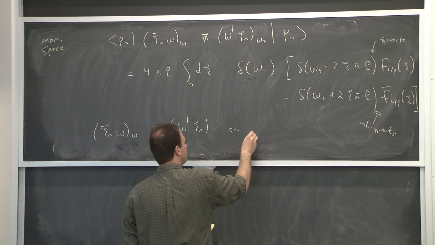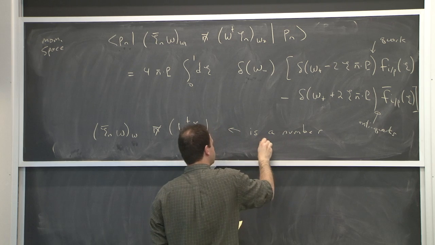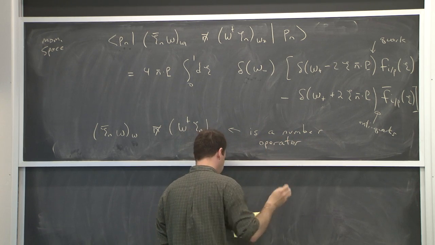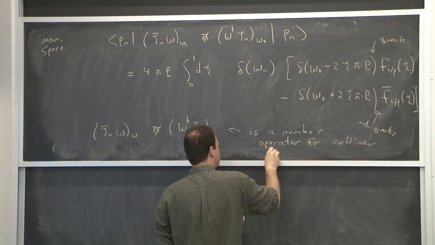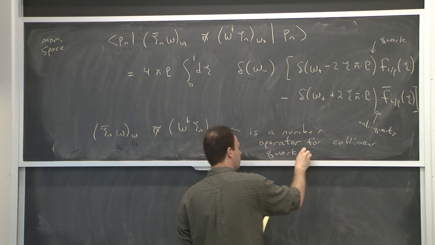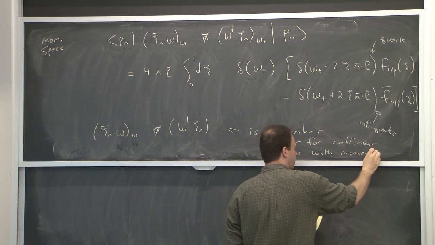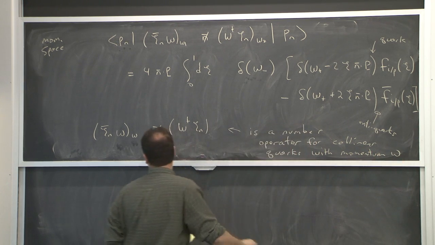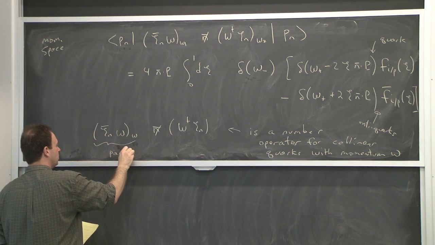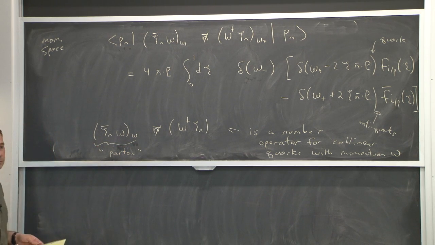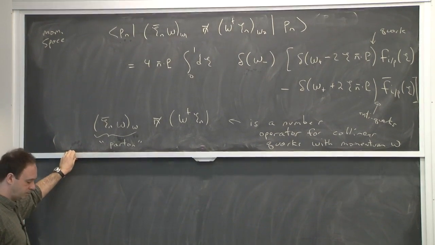This operator is like a number operator for quarks, a number operator with momentum omega. And if you want to think about there being some kind of field for a parton, this is about as close as you can get. OK, so this quark field dressed by a Wilson line is kind of like a parton in the parton model.